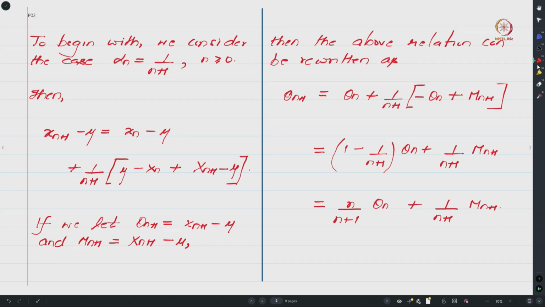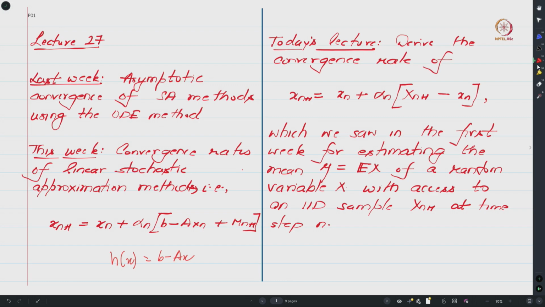I say natural because once you substitute this step size choice, you will see that the update rule has the form x_{n+1} = x_n + 1/(n+1) (X_{n+1} - x_n), and by some rearrangement you can see that this expression equals (X_1 + ... + X_{n+1})/(n+1). So by using some simple inductive argument you can show that x_{n+1} is the sum of all the random variables divided by n+1.